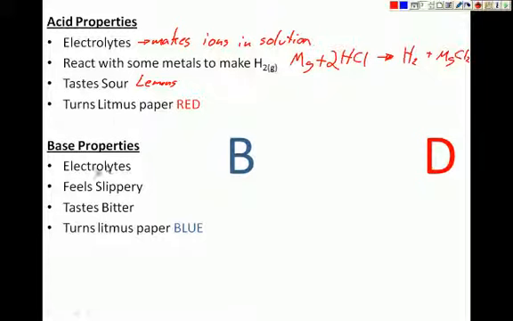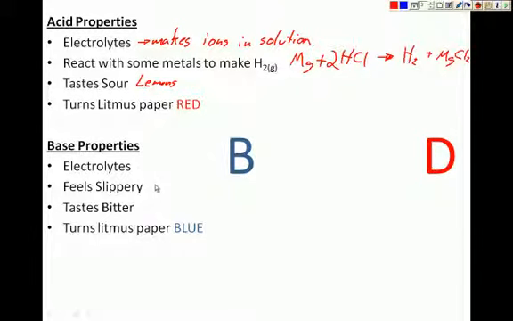Now, base properties. Bases are also electrolytes. They make ions in solution. An example would be what we just talked about, NaOH making Na+ and OH-. Since it makes ions in solution, it is an electrolyte. Now, bases feel slippery, like soap.